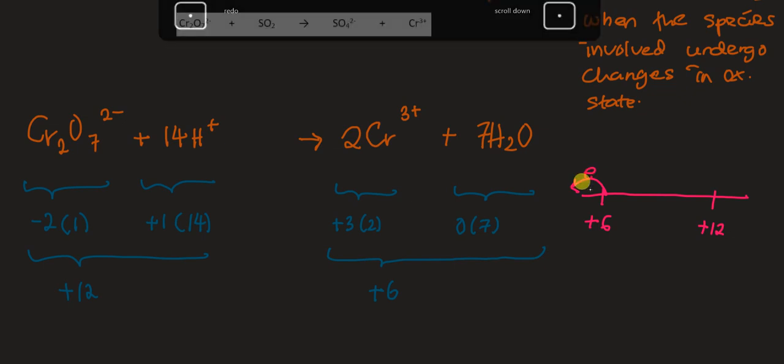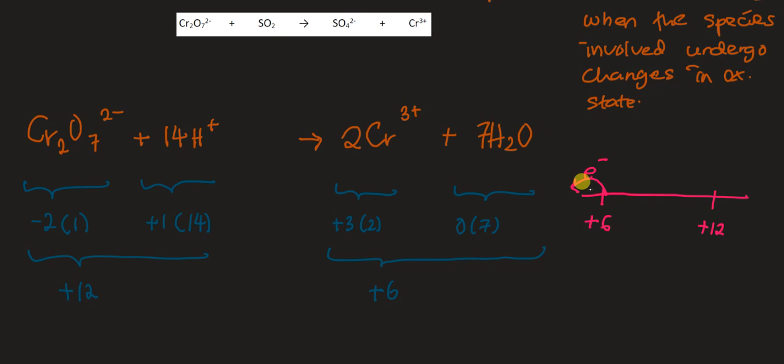It will move to the left hand side. So we do not want to add on the positive charge, +6 charge, which is on the right hand side.